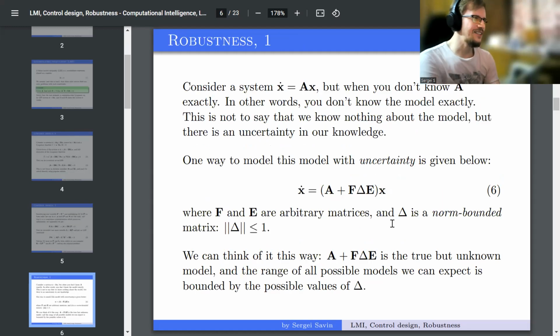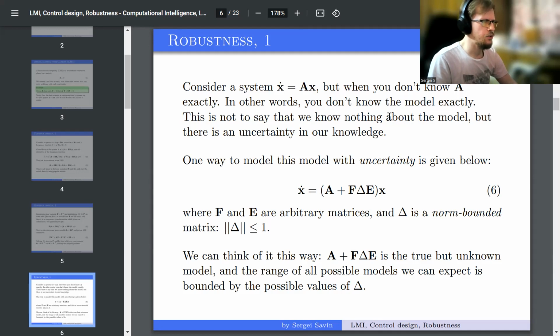Now consider the case when x dot equals Ax, but you don't know A exactly. You have uncertainty. So, for example, you don't know the mass exactly. Maybe your drone lifts a parcel, but the parcel is plus or minus 10 grams.